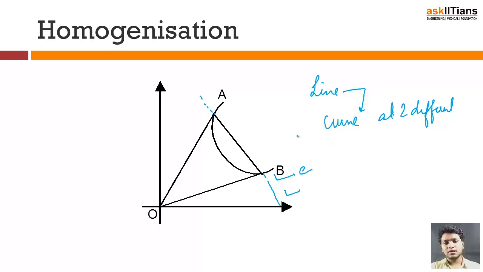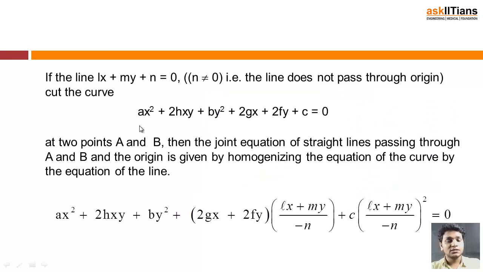Now the line has intersected the curve at 2 points, and if you want to find the pair of straight lines joining the origin to the points of intersection, you will have to use homogenization. Suppose the line given to us is L, and let us redraw the figure once again. Suppose this is the intersection point and this is where the curve passes.